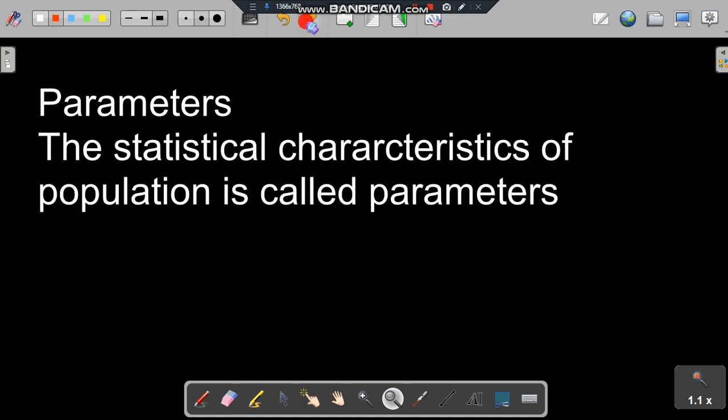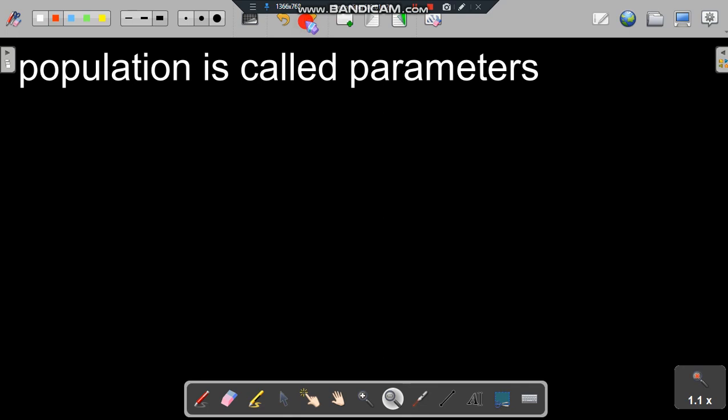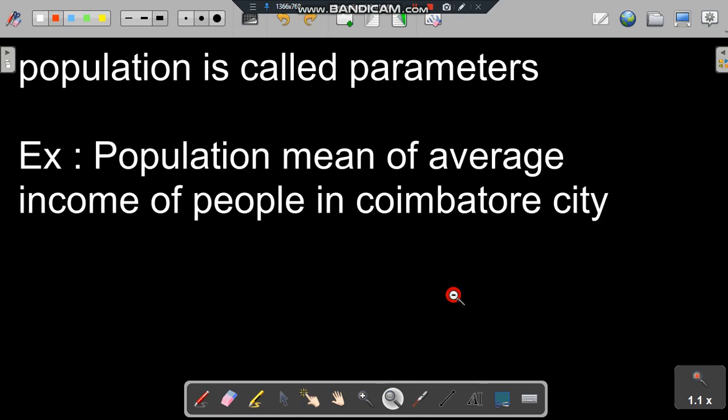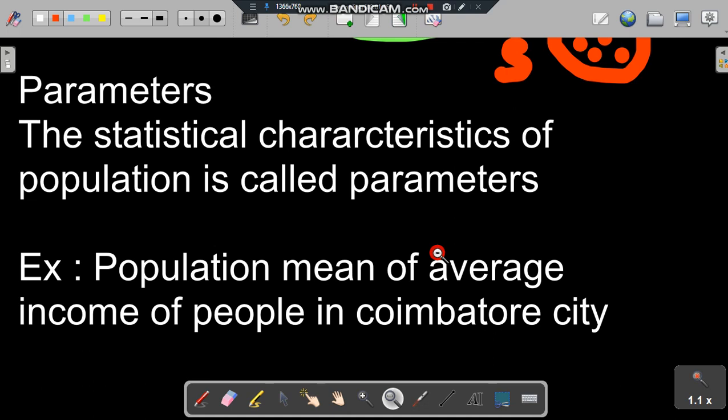Now I can give you an example for this. Take for example the population mean of average income of people in Coimbatore city. What is the meaning of this?